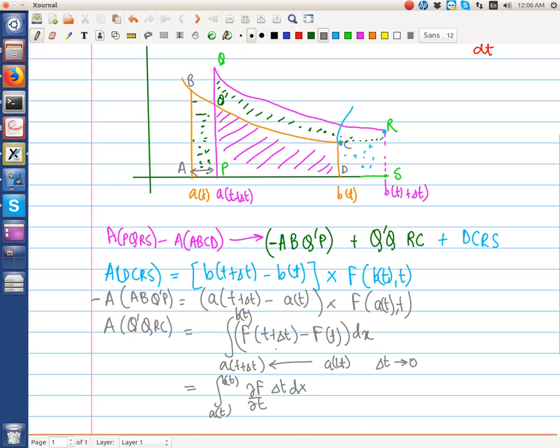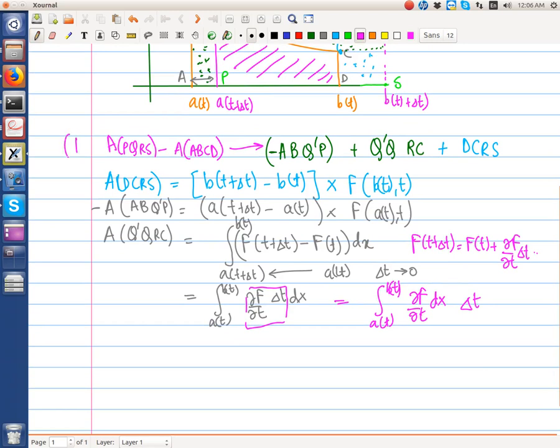Moreover, we have used a Taylor series expansion for f of t plus delta t, which is equal to f of t plus del f del t delta t, and so on. If we substitute over here, we obtain only this term. So this is equal to the integral from a of t to b of t of del f del t dx times delta t.